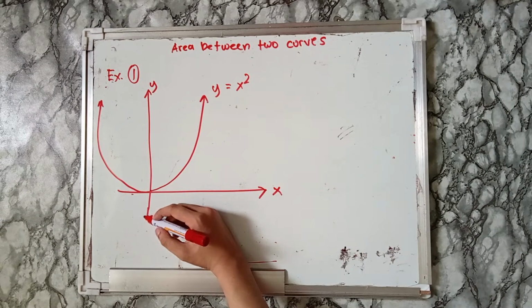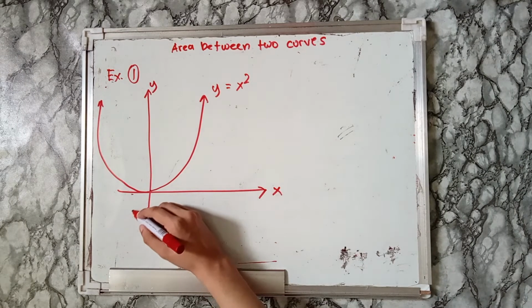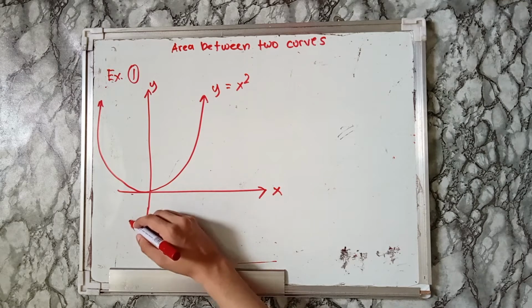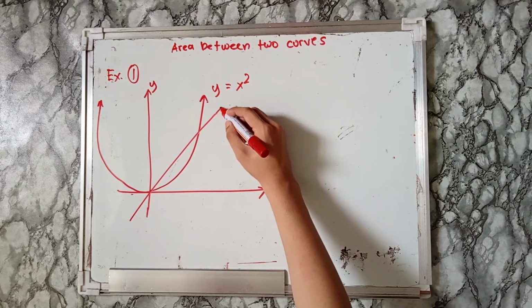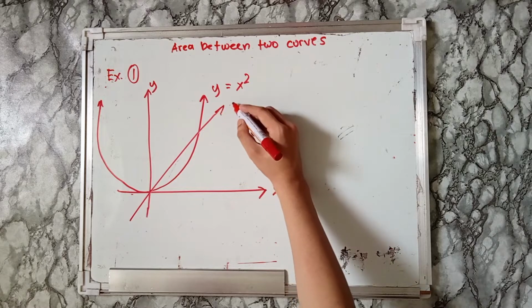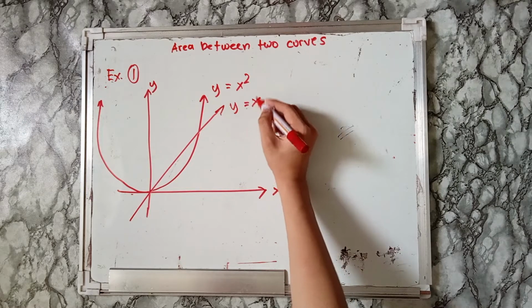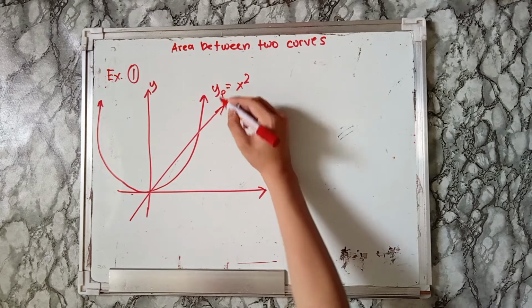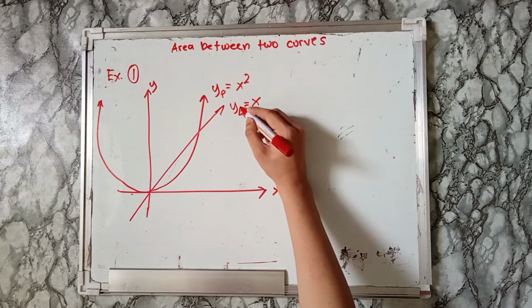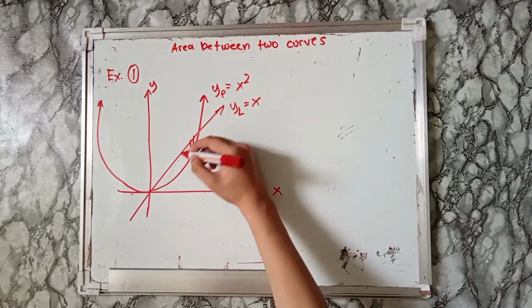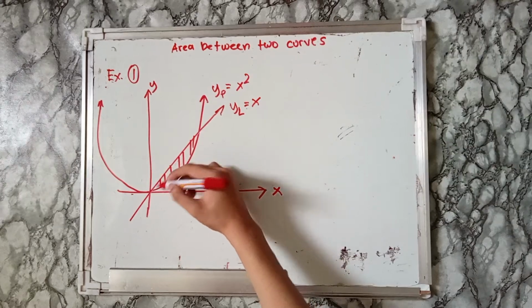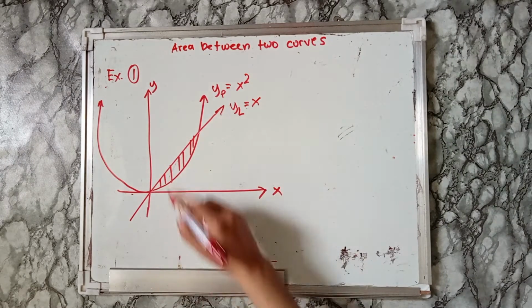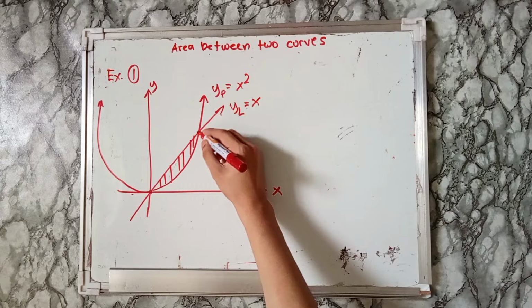And we have a line here. This is y is equal to x. Let's label this as y parabola and y line. So our area of interest is here. So this is our point and this is our point.